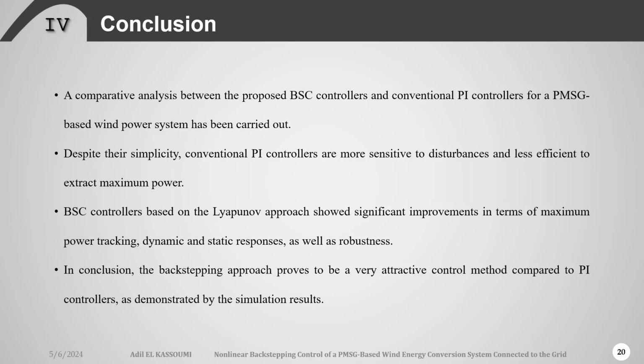Backstepping controllers based on the Lyapunov approach showed significant improvements in terms of maximum power tracking, dynamic and static response, as well as robustness. In conclusion, the backstepping approach proves to be a very attractive control method compared to PI controllers, as demonstrated by the simulation results.